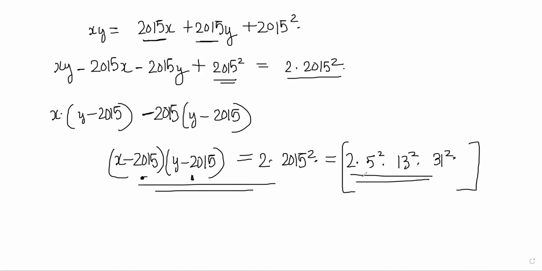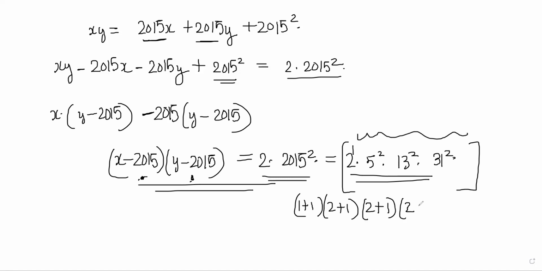So how do we count the number of possible divisors of 2 into 2015 square? That is a standard combinatorics problem. The prime factors are 2, 5, 13 and 31. The number of possible pairs would be (1 plus 1) into (2 plus 1) into (2 plus 1) into (2 plus 1). Why?